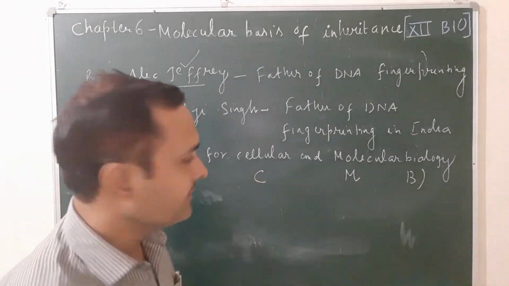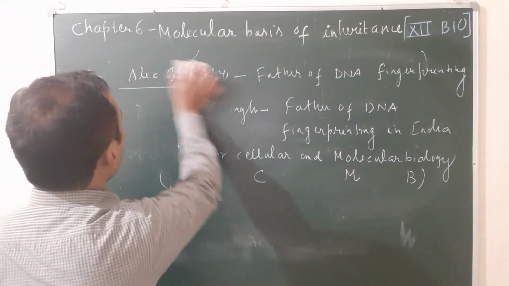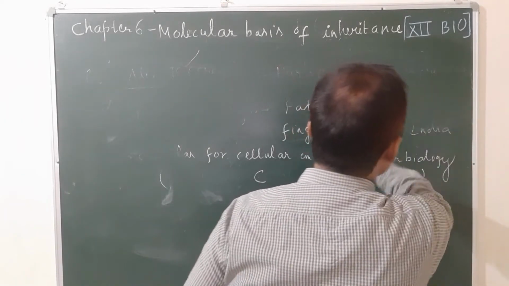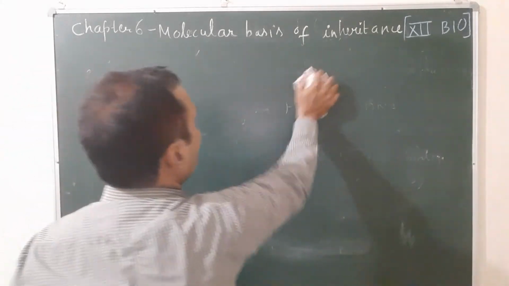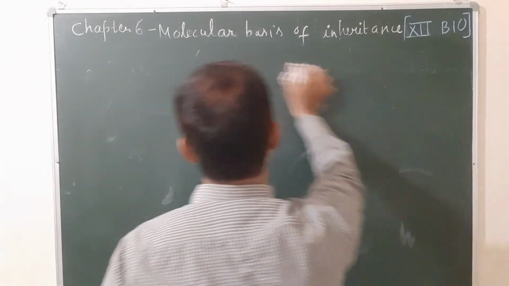Now let us see what happens when the human genome, or DNA, undergoes density gradient centrifugation.